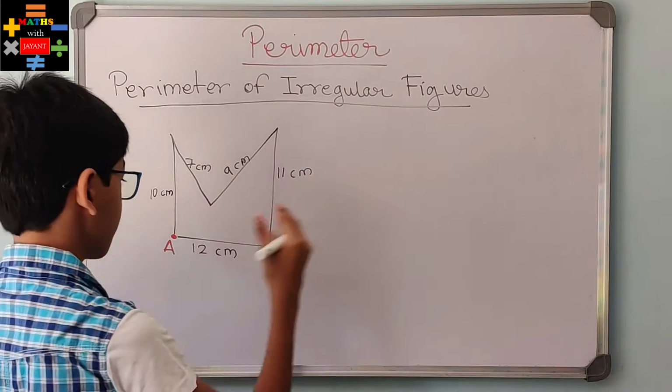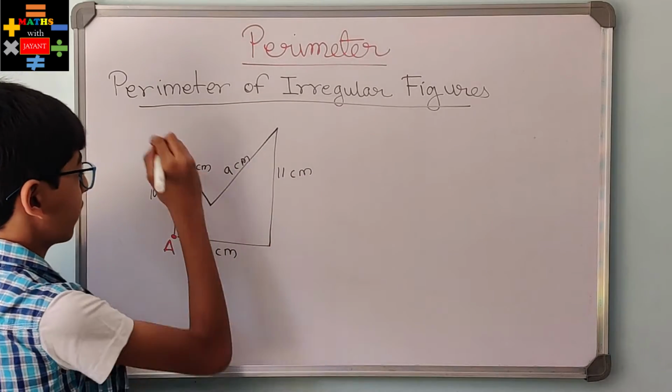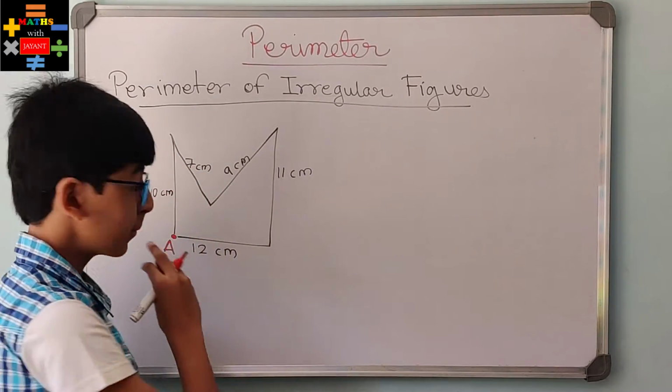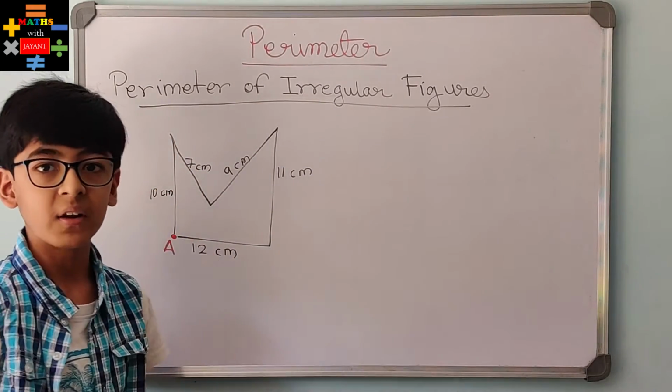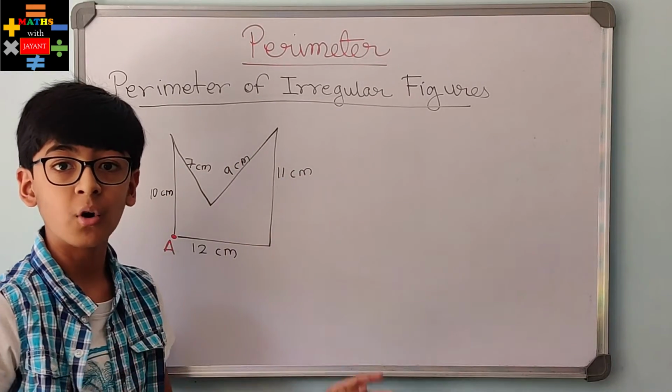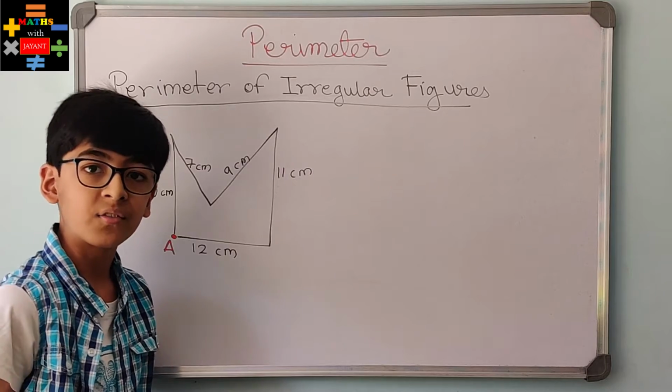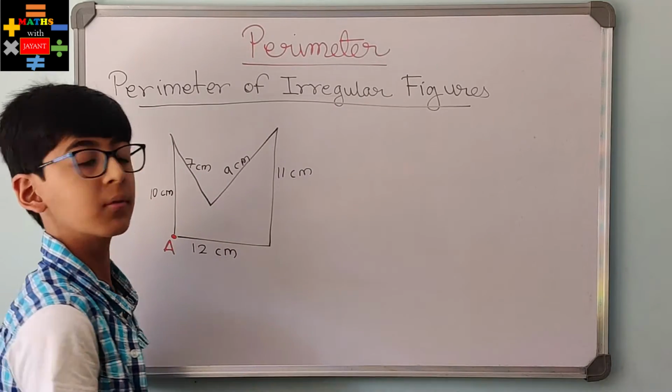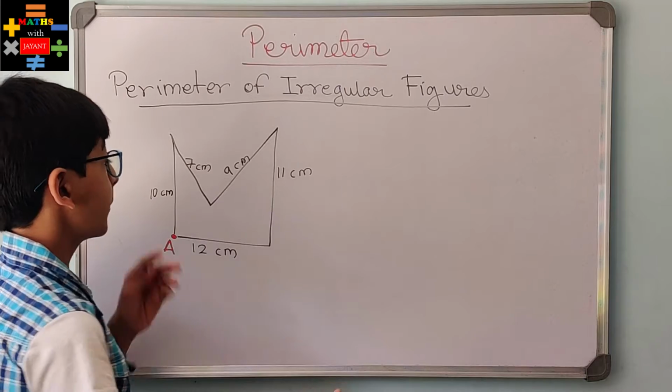We are given the length of all sides. If we add them, we get the length of all the sides, which is the length of the boundary, and the length of the boundary of our shape is called the perimeter.